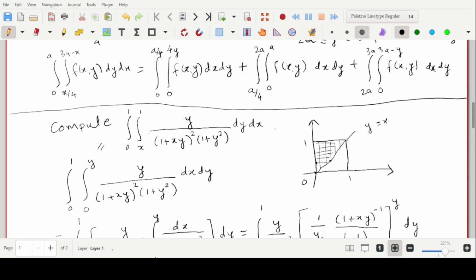If for that you need to change the order of the variables, then please do that. Change the order of the variables, integrate with respect to the variable with respect to which it is easier to integrate, and then integrate with respect to the second variable. That is the moral of this story.